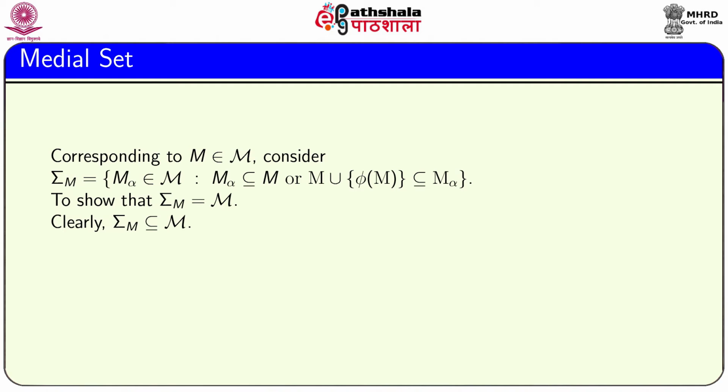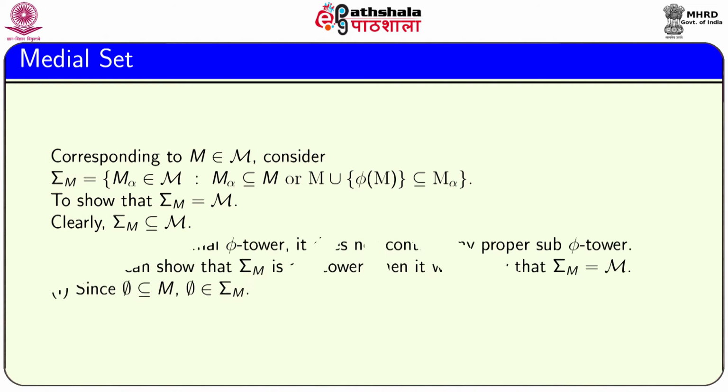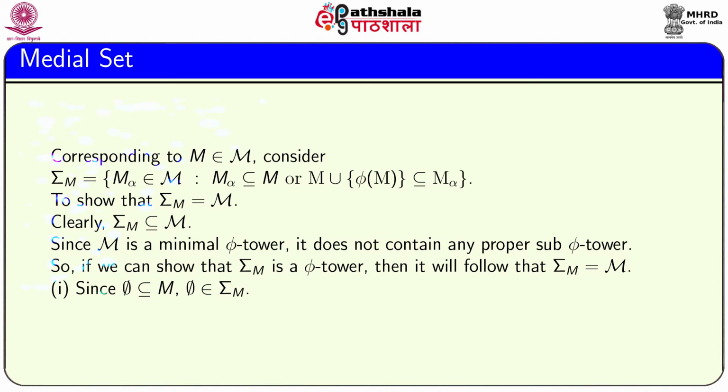To show that this sigma M is equal to the minimal phi tower script M. Clearly, sigma M is a subcollection of script M. Since script M is a minimal phi tower, it does not contain any proper sub phi tower. So, if we can show that sigma M is a phi tower, then it will follow that sigma M is equal to script M.